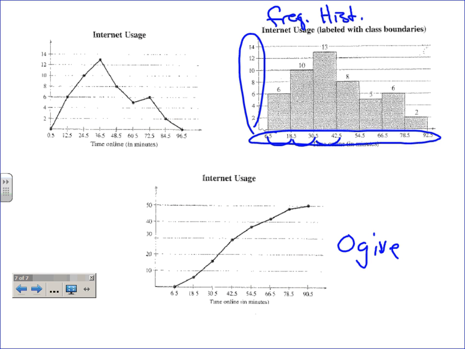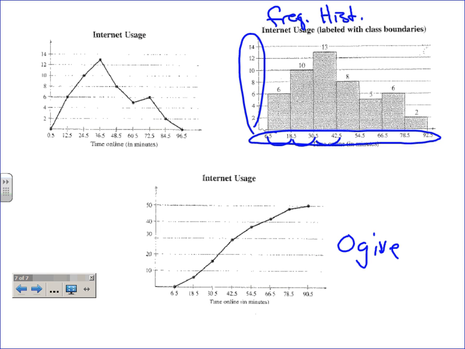Which leaves us with that one. Yeah, it was a trick question. It's none of them. But what does it show us? It does show us the frequencies, right? But it's not a frequency histogram based on our definition because it's not a bar graph.